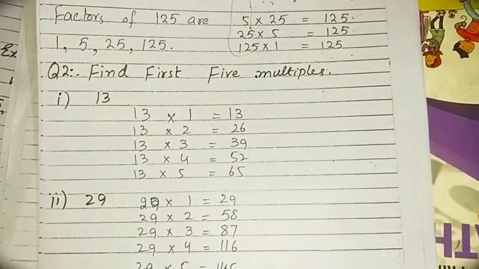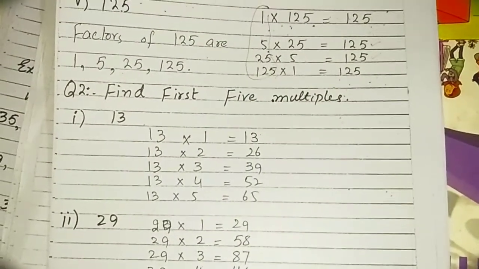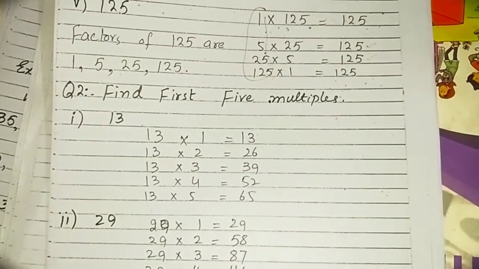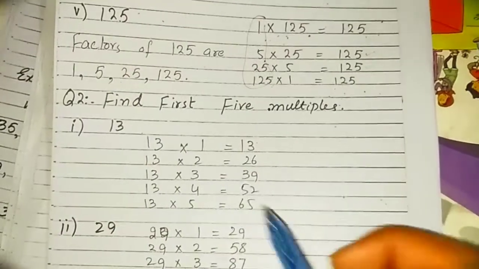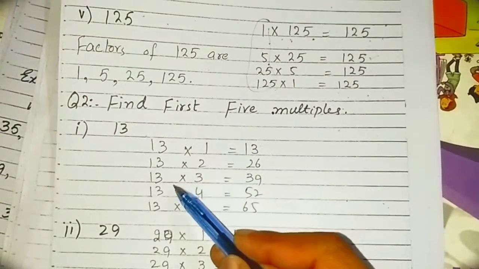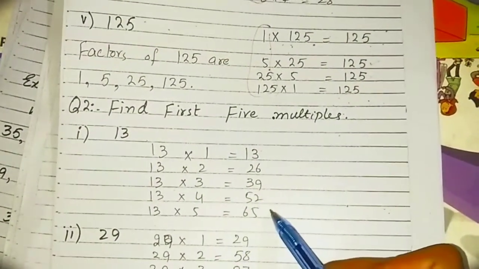In question number 2, we have to find the first 5 multiples, means that we have to read the table of that number up to 5. Here in part 1 we have to find the first 5 multiples of 13. So we have to read the table of 13 up to 5 terms. Here 13 ones are 13, 13 twos are 26, 13 threes are 39, 13 fours are 52 and 13 fives are 65.